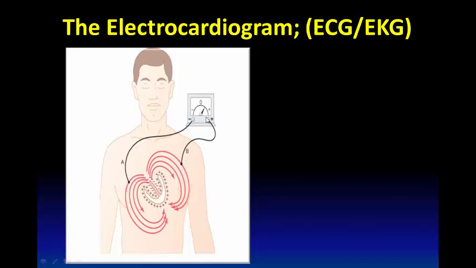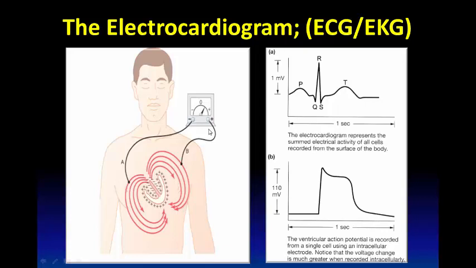This is an electric device which records and measures the electrical activity. It measures the voltage. And we need to have electrodes to close this electric circuit so that we can measure and record the electrical activity of the heart from the surface of the body.